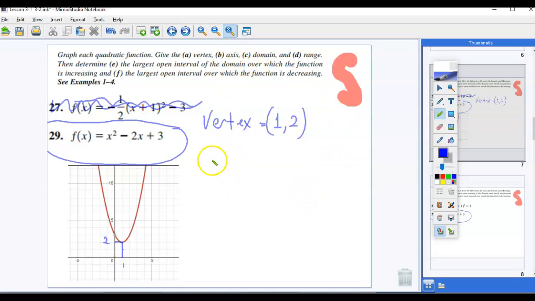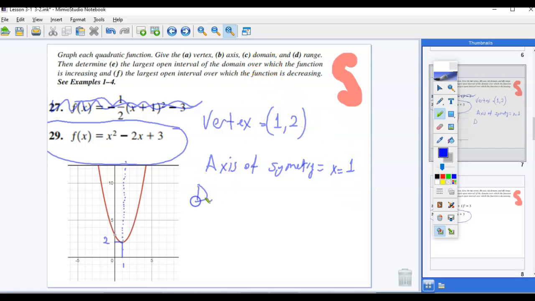And then secondly, axis of symmetry. As you're seeing, as expected, if I have a line like this, it's gonna make it symmetric. So it's going to be the x equals 1 line.